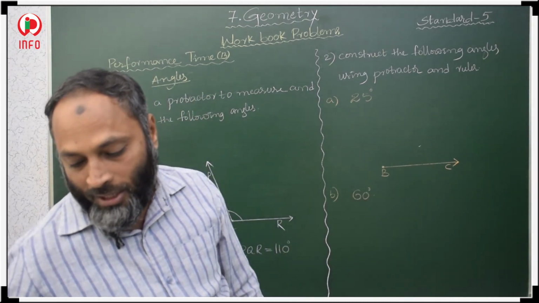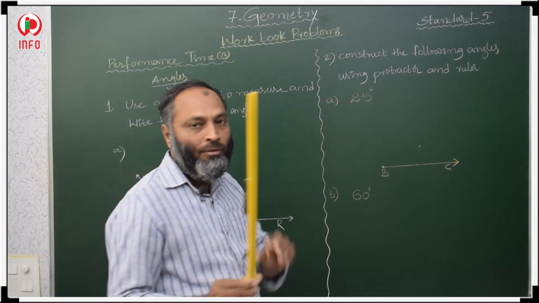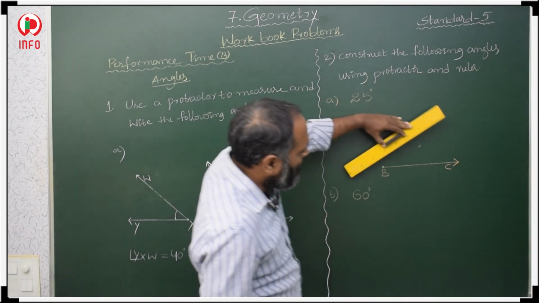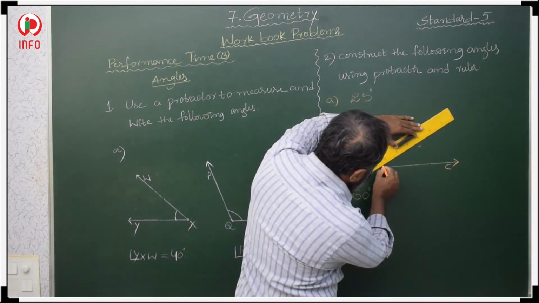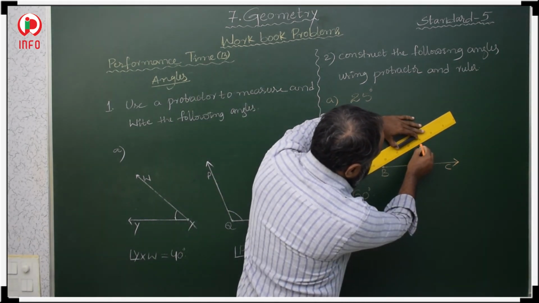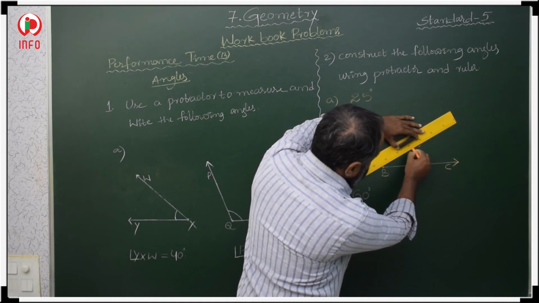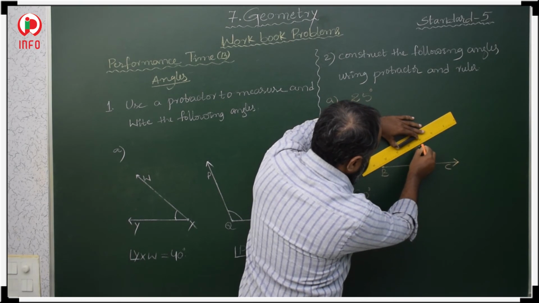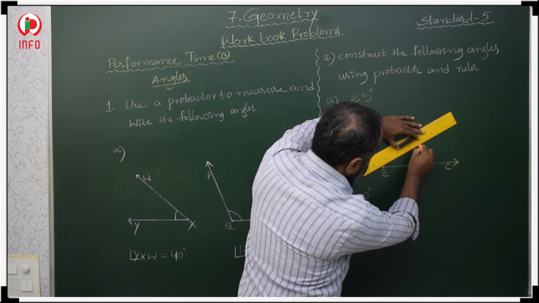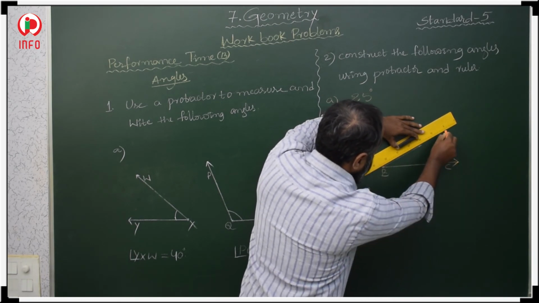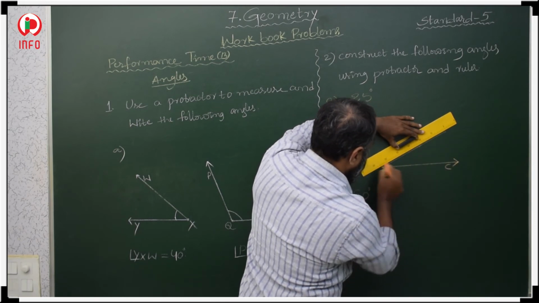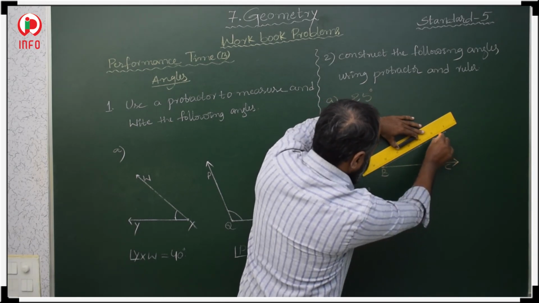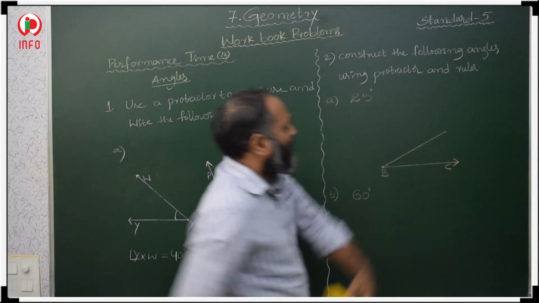With the help of your ruler, join this vertex and this point, and draw a ray.